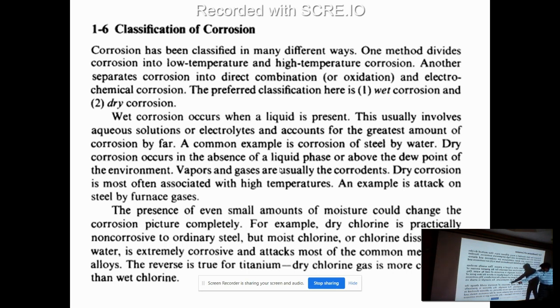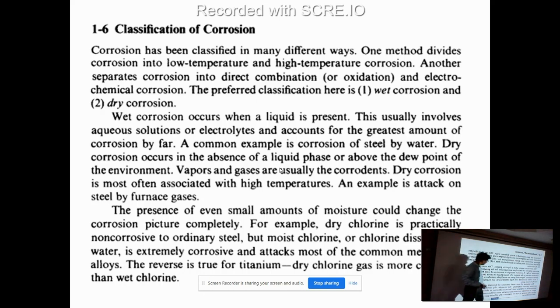But moist chlorine, or chlorine dissolved in water, is extremely corrosive and attacks most of the common metals. Look at the sentence. So dry chlorine is almost non-corrosive, but a small percentage of chlorine dissolved in water, that's called wet chlorine, is highly corrosive for steel.